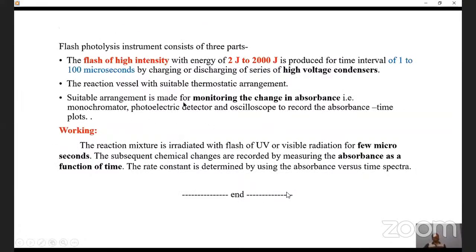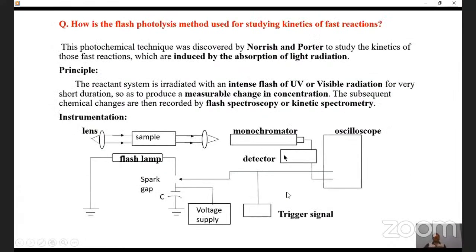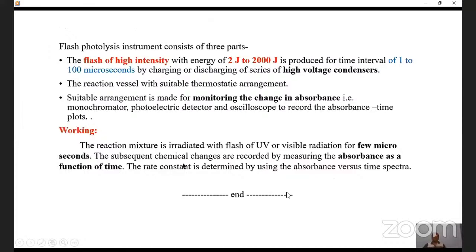Then a suitable arrangement is made for monitoring the change in absorbance, that is, monochromator, photoelectric detector, and oscilloscope to record the absorbance versus time plot.